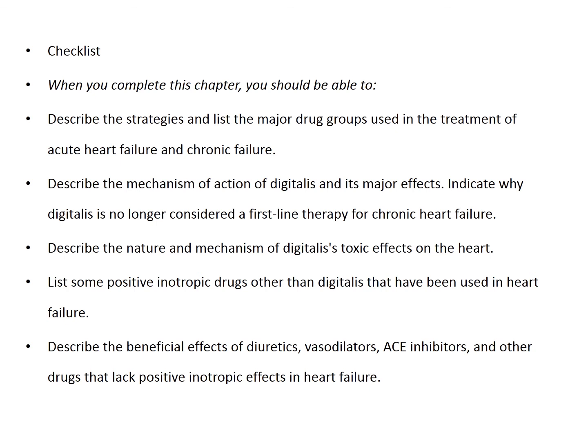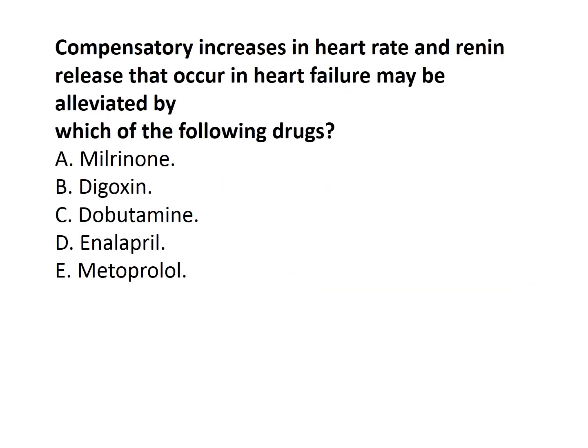List some positive inotropic drugs other than digitalis, and describe the beneficial effect of diuretics, vasodilators, ACE inhibitors, and other drugs. At the end, we can make a self-assessment by answering a question.